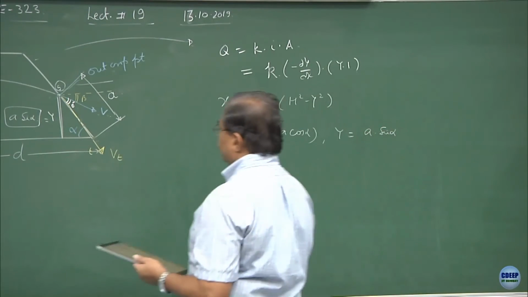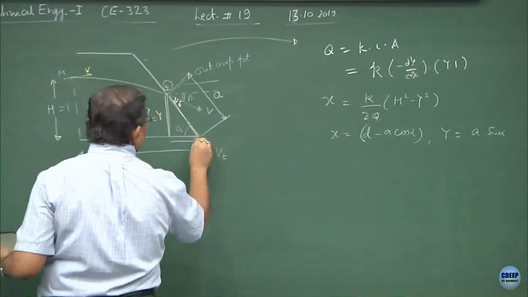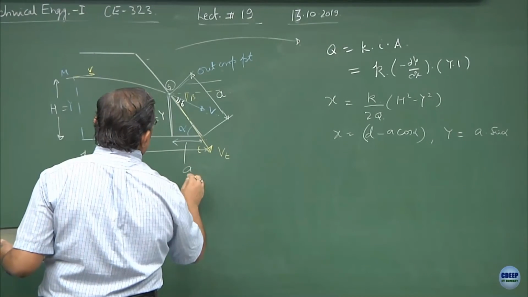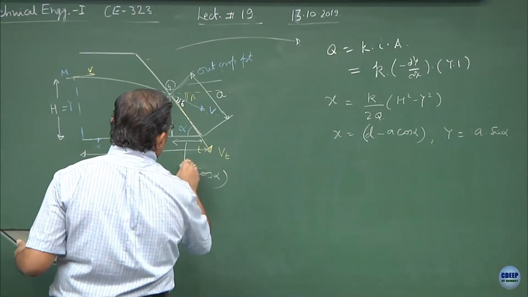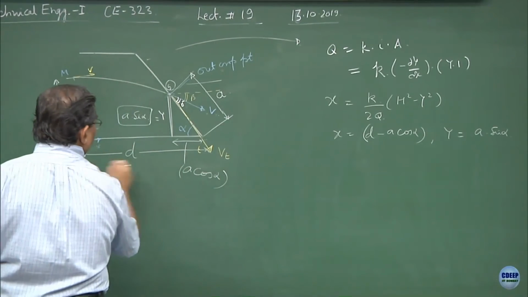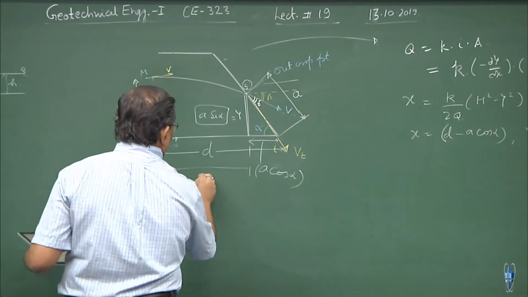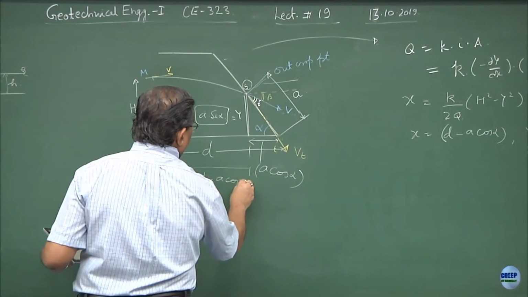Is this okay? So this much is A cos alpha. So this distance would be d minus A cos alpha.